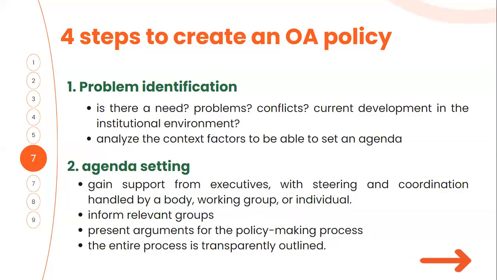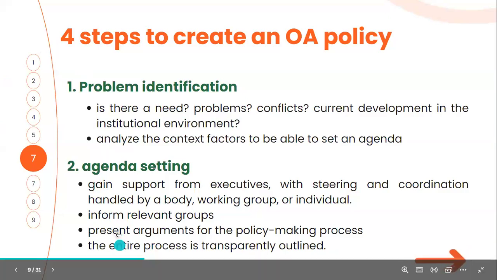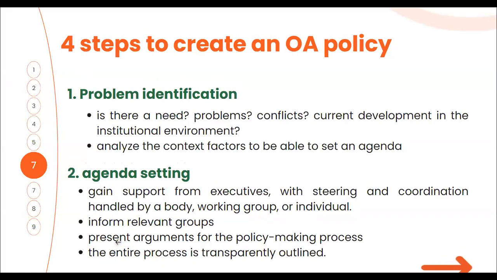You need to present arguments for policymaking processes. You need the entire process, again, to be highly transparent, because this is about open access. One of the main pillars of open access is transparency, you know? So this should be transparently outlined.